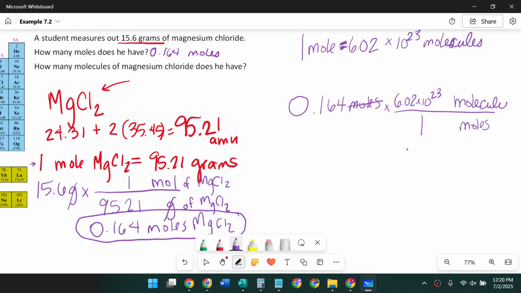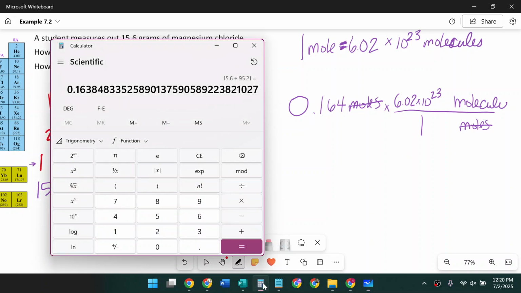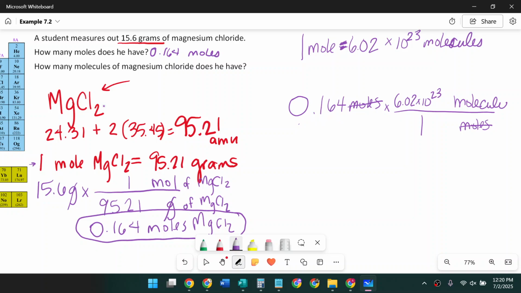And then my moles will cancel out, and I'll be left with molecules. So 0.164 times 6.02 times 10 to the 23rd. I could have used the EXP button, but sometimes it doesn't work. Let's see if this will change it. There we go.